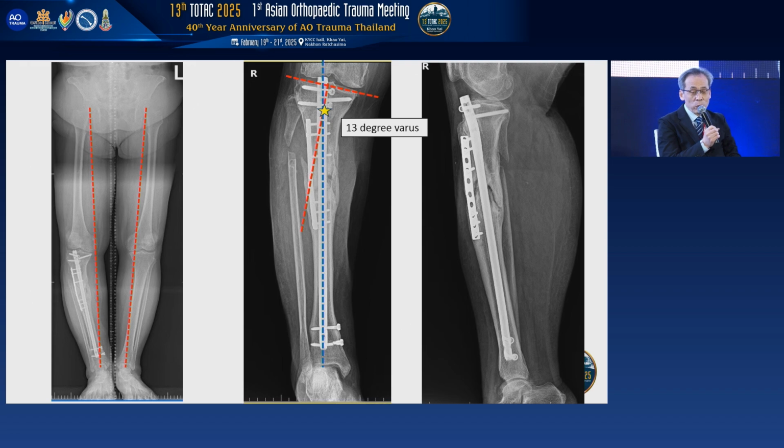And then I like to use the nail, and that can correct acutely, with a suprapatellar nail. And this is definitely a distracted, atrophic non-union. We may need bone graft. I like to use autogenous bone graft, but just be careful, since it was a soft tissue injury.